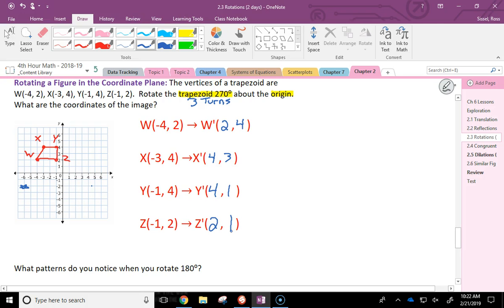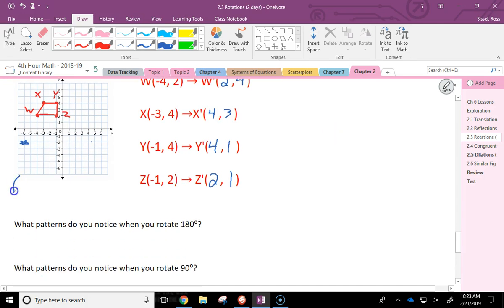Good. The second part. We are in quadrant 3. In quadrant 3, our x coordinates have to be positive or negative? Have to be negative. We're on the left side. Our y terms have to be negative as well.